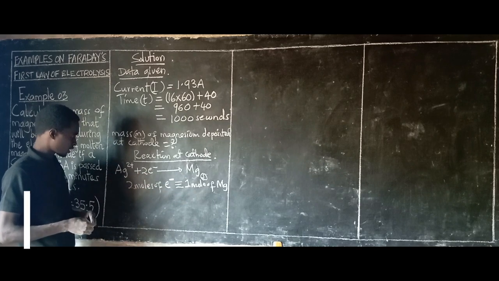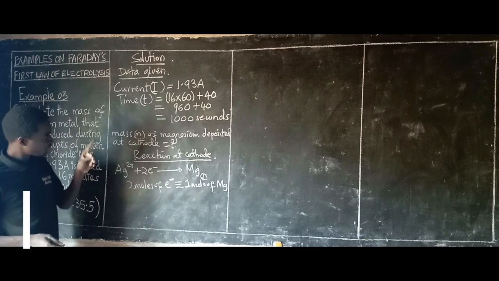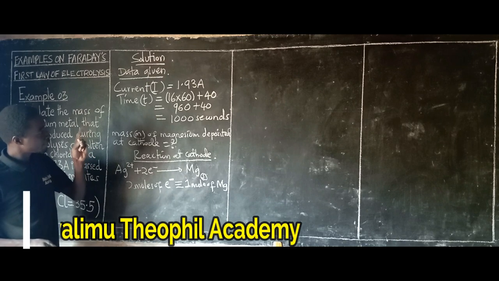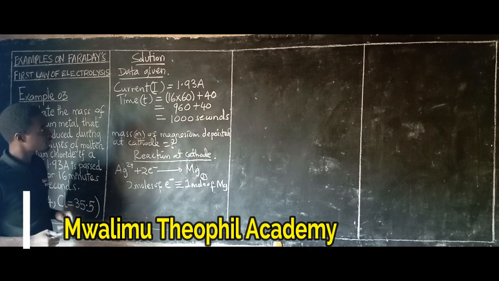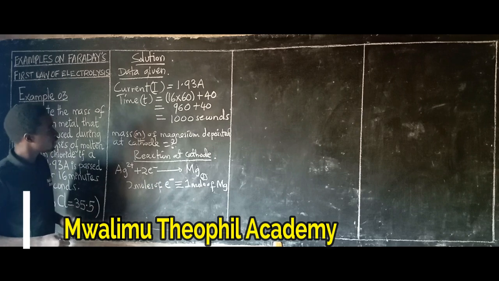So from these details, now let us relate them with the given data. The given data, we have time and current. So time and current are enough to give us the electric charge in terms of coulombs. So let the data we have from the standard equation be changed in that direction.